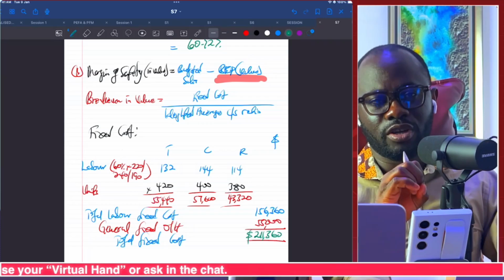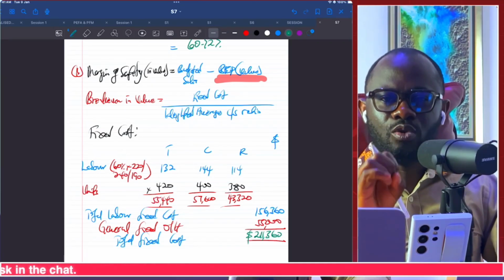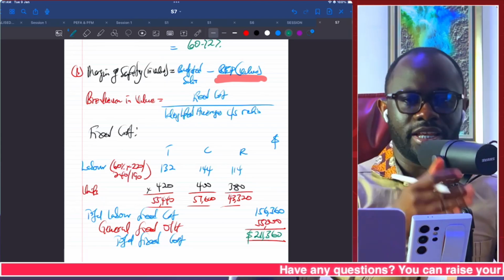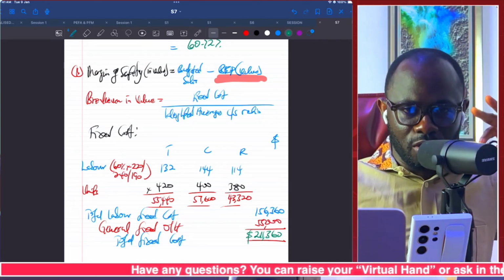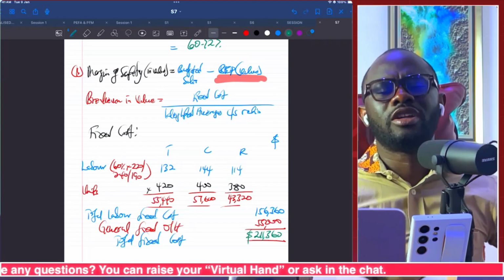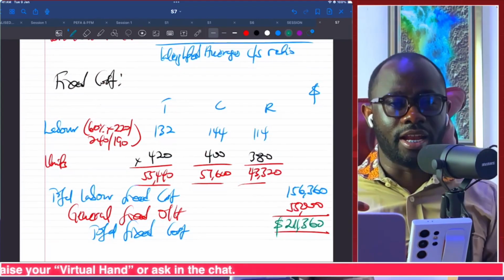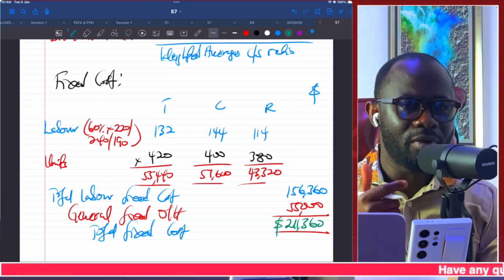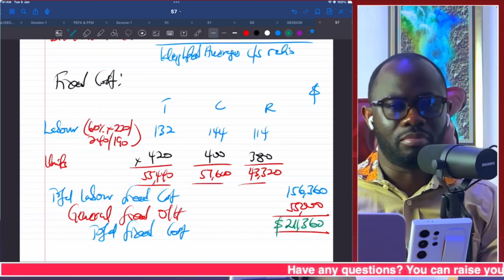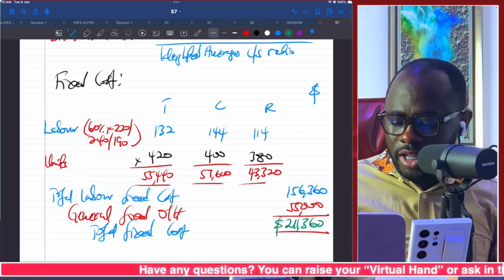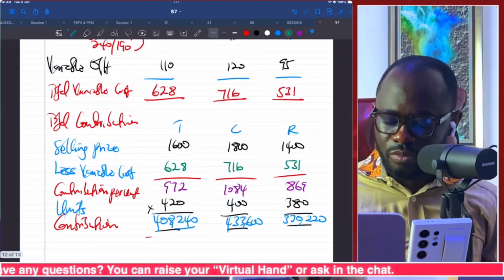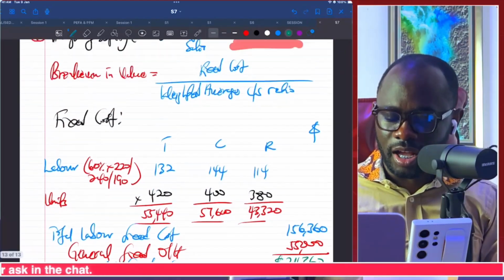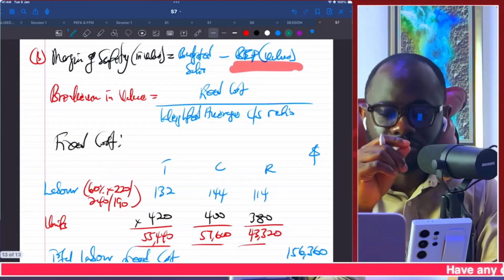So this is also demonstrating that it is not all the time that we will be having the fixed cost given to us directly as we did in the first question. Sometimes the context of the question will be structured in such a manner that we will have to derive the fixed cost. And in this case, the labor cost given, part was fixed, part was variable. The variable component was used in calculating the contribution to sales ratio. Then the fixed component is now being used so that we can calculate the break-even point in value.